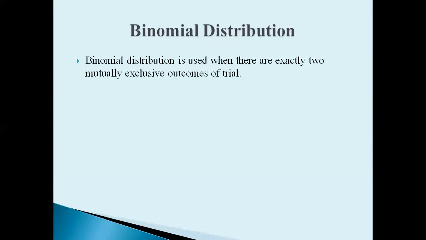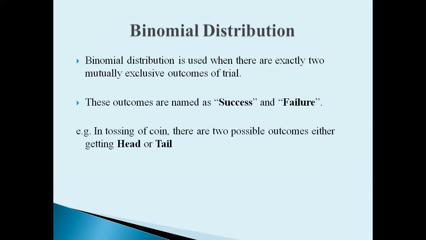Binomial distribution is used when there are exactly two mutually exclusive outcomes of the trial. These outcomes are named success and failure. Consider an example. If we toss a coin, there are exactly two possible outcomes: either we will get the head or the tail.